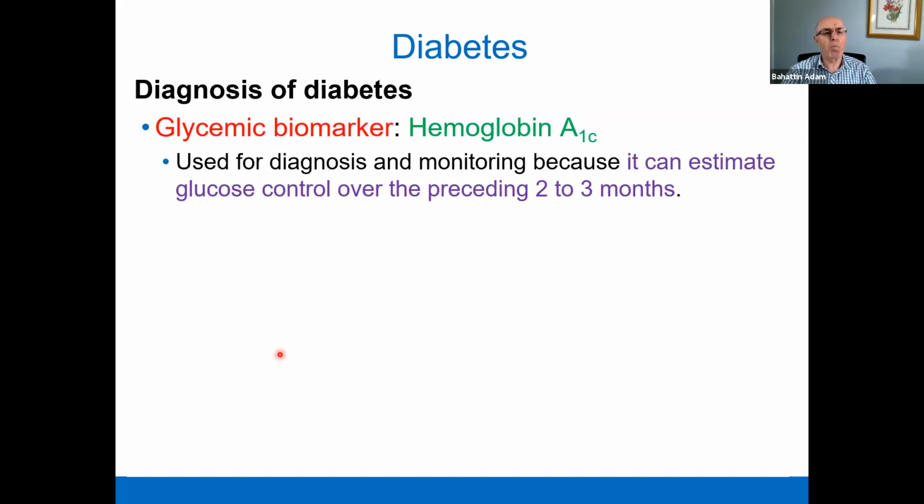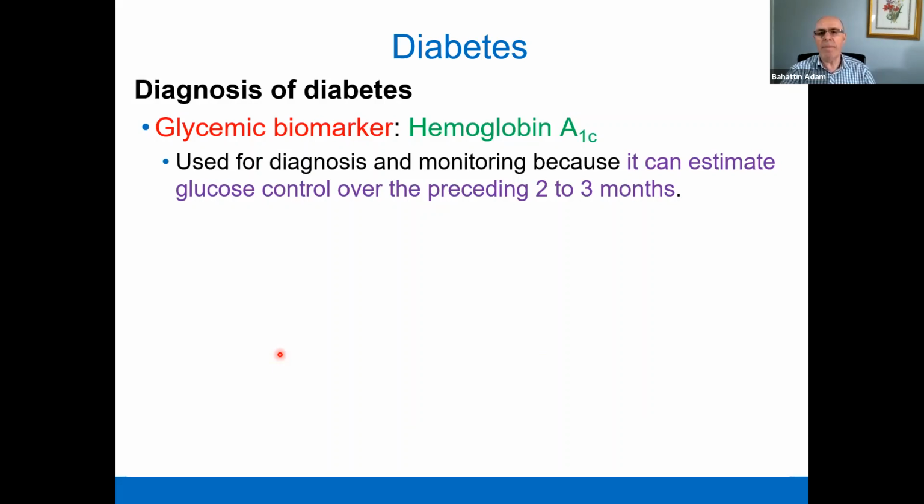Now, there are a few tests to diagnose diabetes mellitus. Glycemic markers, as I told you before, include hemoglobin A1C.